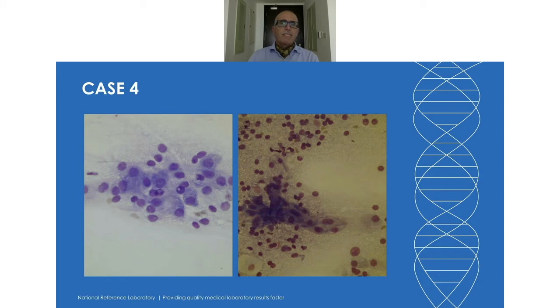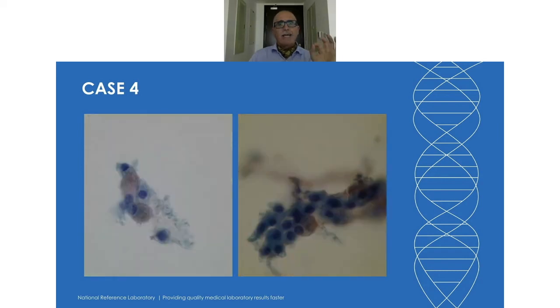And this is the high power view, which clearly identifies two types of cells, one which has the cytoplasm containing material which is slightly metachromatic, and with the peripheral nucleus, which is pushed like signet ring, and then more solid, well-defined cytoplasm, relatively monomorphic cells.